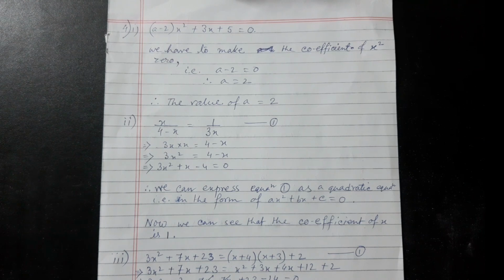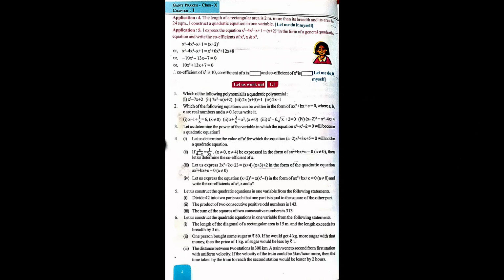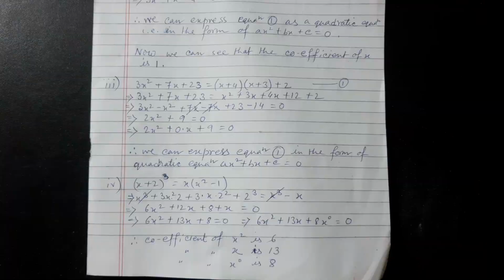Now, the third part of question 4. Let us express 3x square plus 7x plus 23 equal to x plus 4 multiplied by x plus 3 plus 2 in the form of a quadratic equation ax square plus bx plus c equal to 0, where a is not equal to 0.